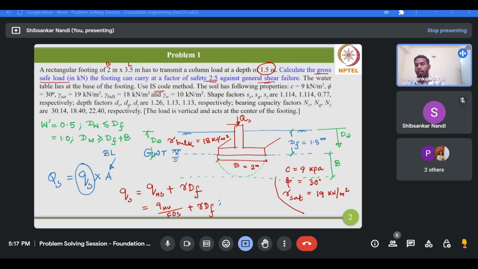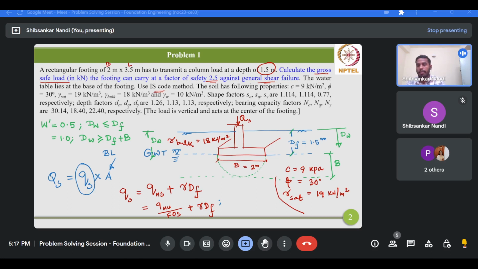And when dW is less than or equal to dF, then you have to consider this water table correction factor as 0.5.